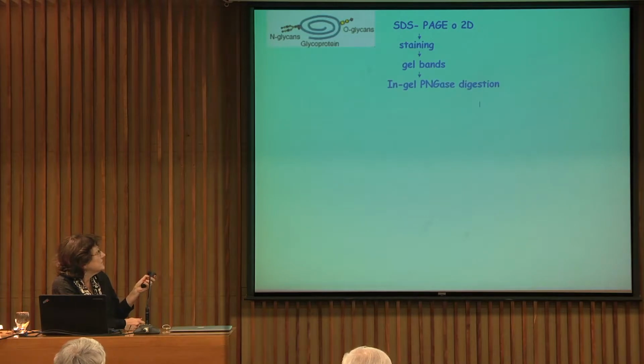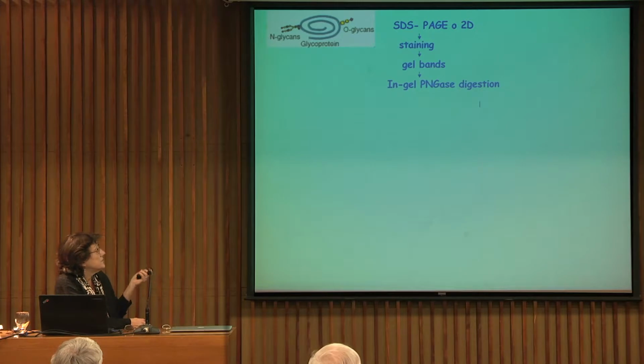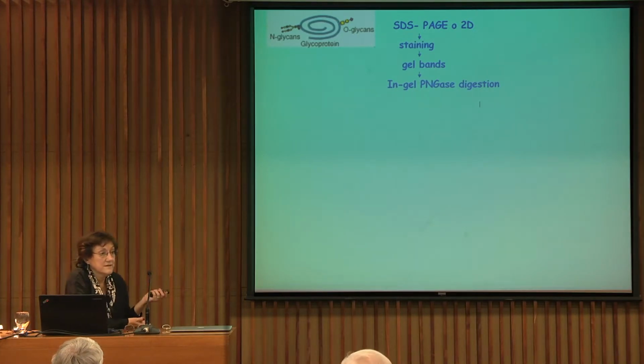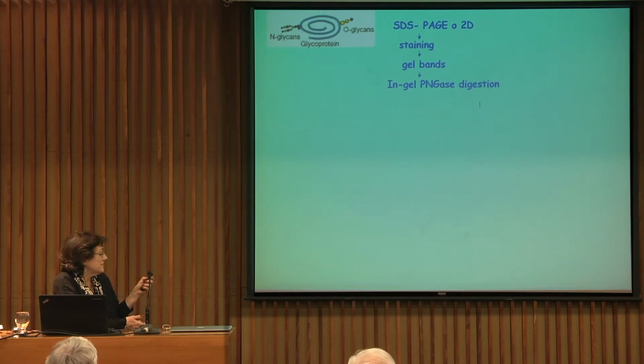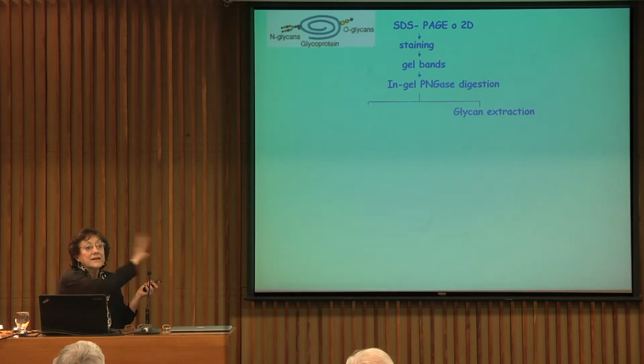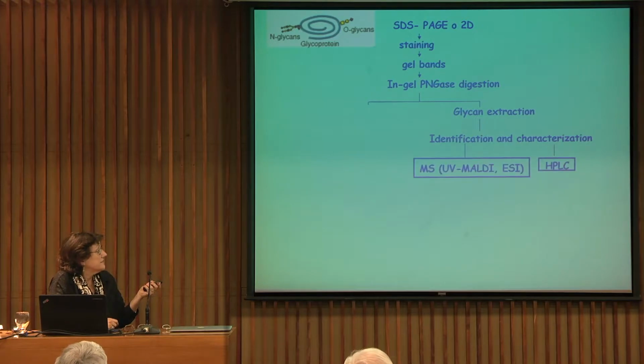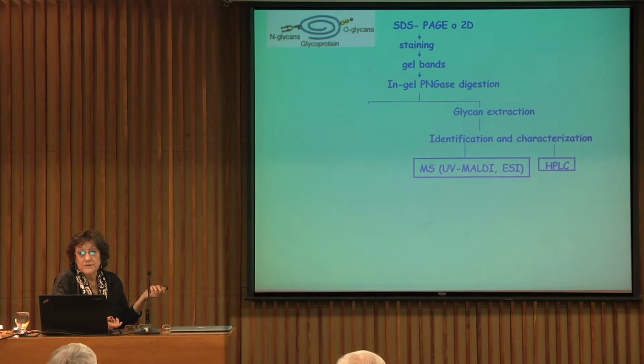And this gel band may be digested in gel with, for example, PNGase enzyme. This enzyme cuts the N-glycosylation part of the glycoprotein, and so you can extract the glycan. This is a glycomic approach. You study only the glycan. You may identify and characterize it by mass spectrometry and also by HPLC.